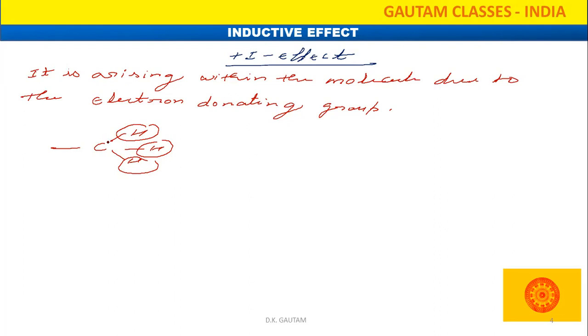So definitely the electron density is more on that carbon atom, and this carbon atom now has a tendency to donate the electron density. That means all alkyl groups are going to behave as a plus I group.